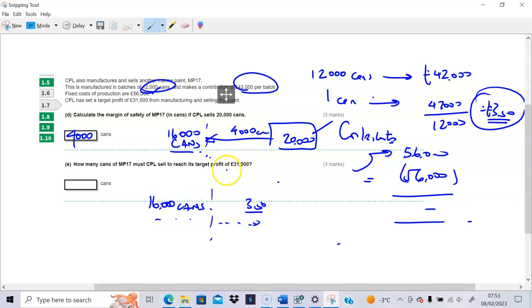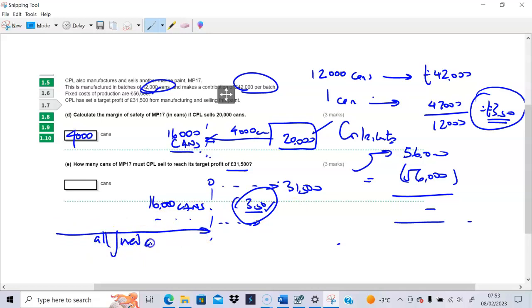So if the question says you have a target profit of 31,500, they're telling you that here you have zero profit because that's what break-even is all about. And then going forward, how many cans am I going to have to sell? Because now I'm keeping all the £3.50, right? Because I paid off my fixed costs. All fixed costs are paid up to here. That was the whole point about break-even.